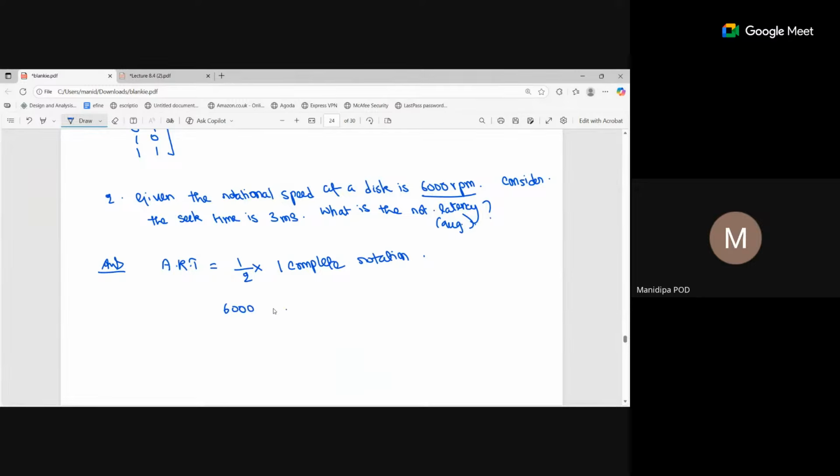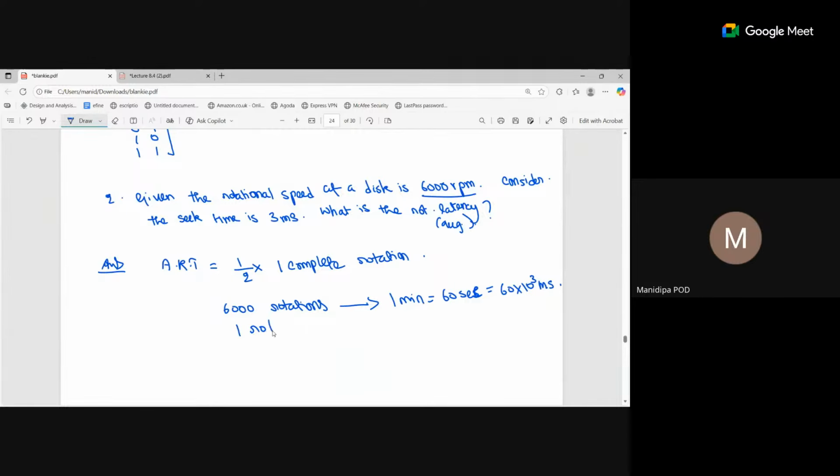That means 6000 rotations in 1 minute or 60 seconds. 1 second means how many milliseconds? 10 power 3. So 60 seconds means 60 into 10 power 3 milliseconds. So 6000 rotations in this many milliseconds.